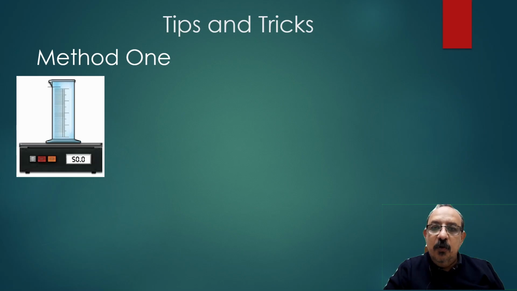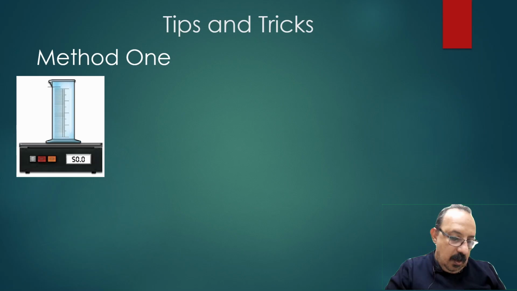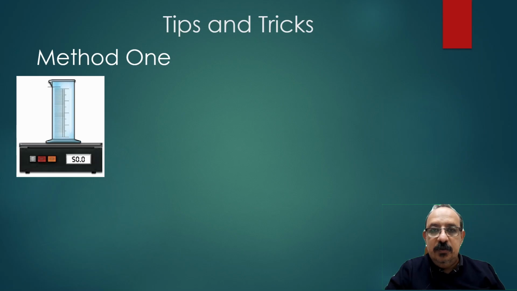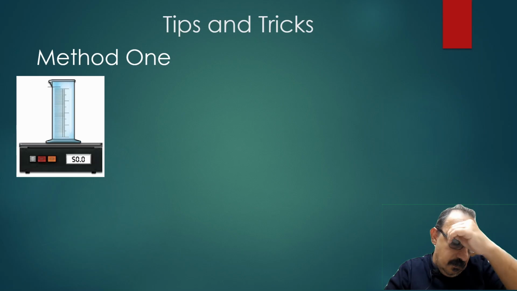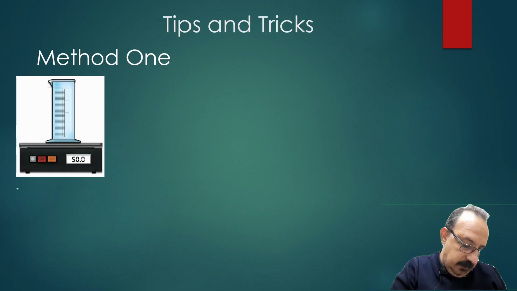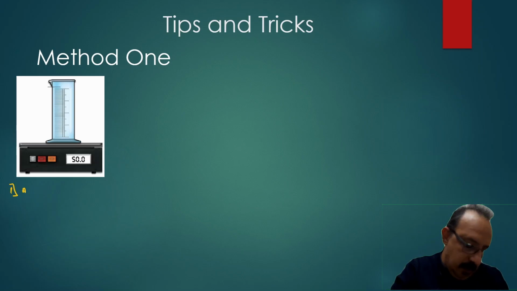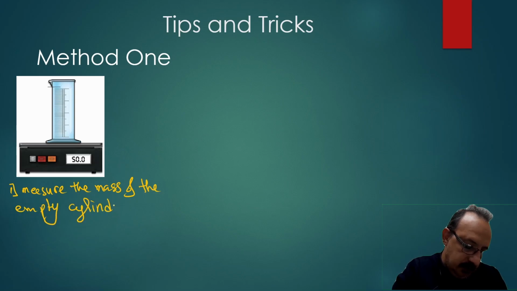But how do we do that? Let us say there are two methods. I'm going to show you the two methods. The first method is: measure the mass of the empty cylinder container.